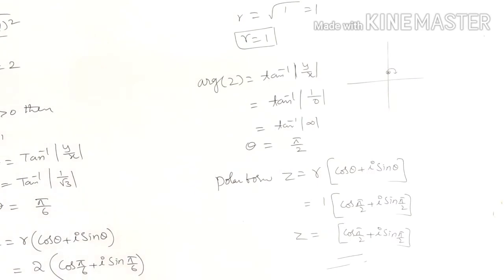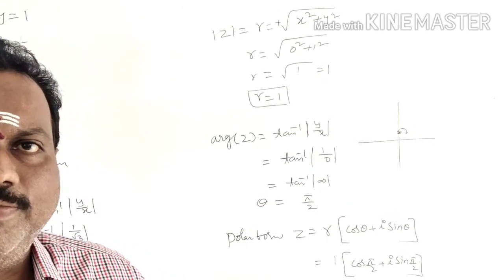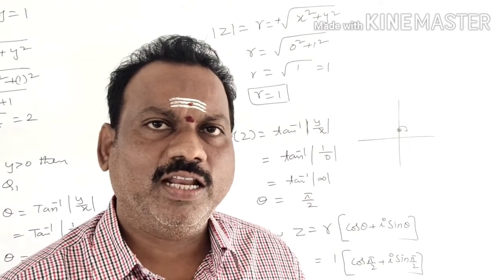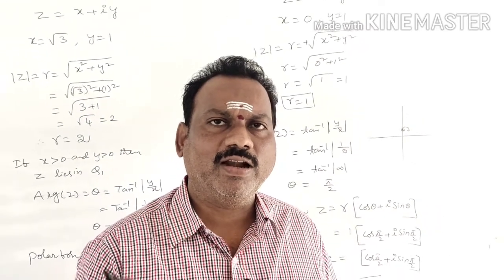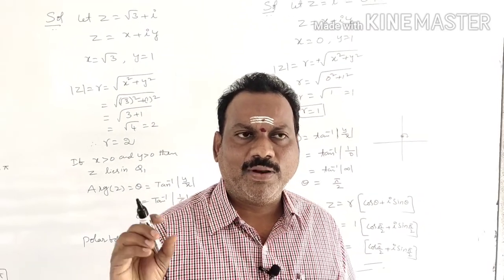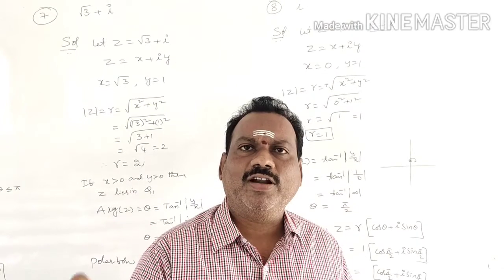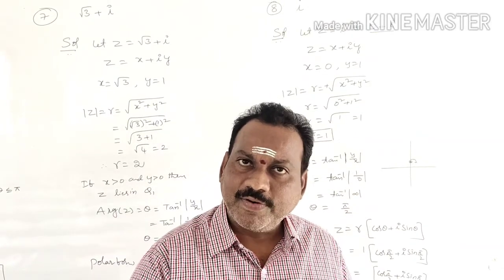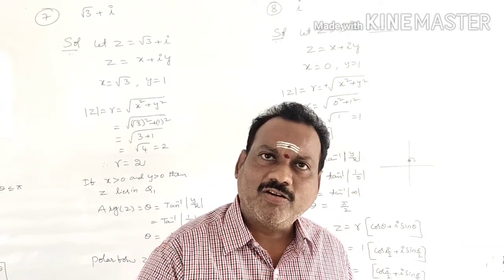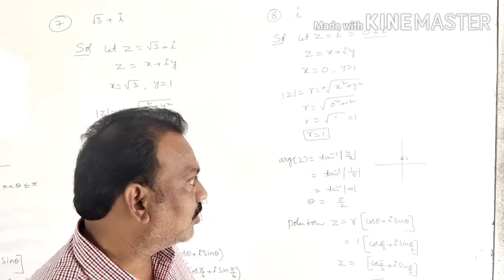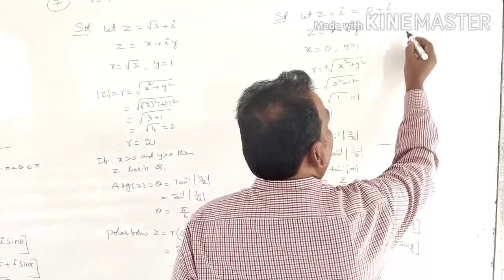So these are all the problems in the second exercise, 5.2 exercise. Totally they will ask what is argument, what is modulus of a complex number, or how to convert to polar form. If polar form is given, you have to convert into geometrical form also. How to convert? Just check it here.